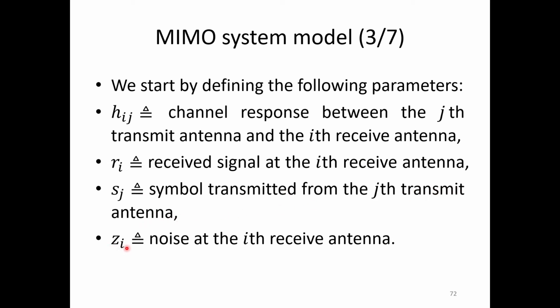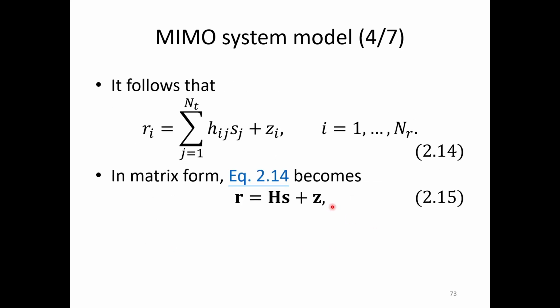And Zi is defined as the noise at the ith receive antenna. It follows that Ri is equal to the summation over j equals 1 to Nt, where Nt is the number of transmit antennas, of Hij times Sj, plus Zi, where i is equal to 1 to Nr, and Nr is the number of receive antennas.